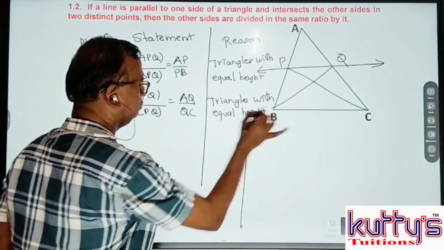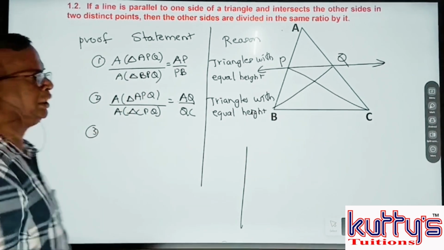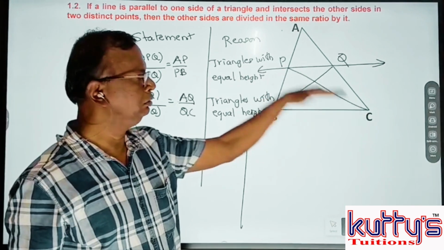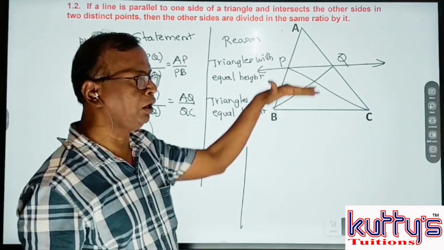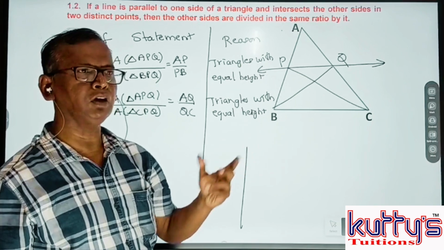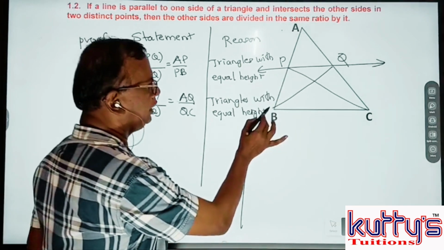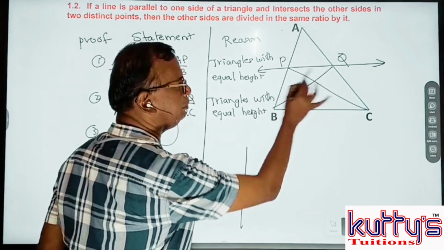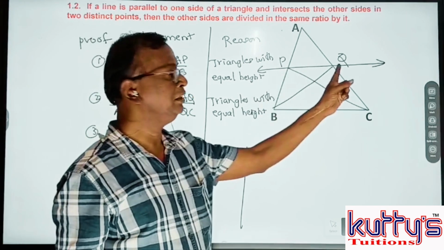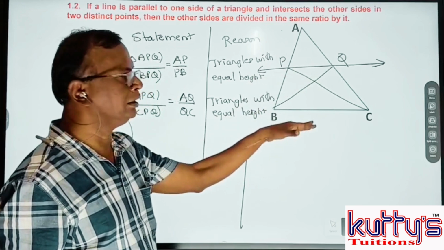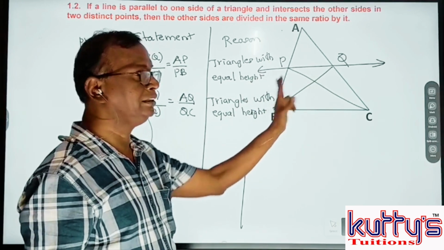Now comes the third one. Since in the construction, what do we say, the lines are what? Parallel. This is given that lines are parallel. In parallel lines what happens? Heights are same, as well as triangle BPQ and triangle CPQ have the same base PQ. So both the triangles have same base and same height.